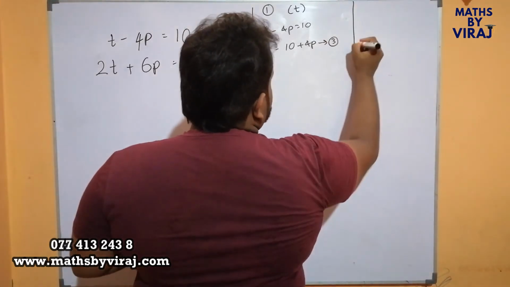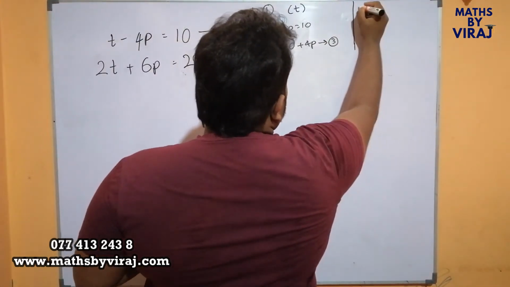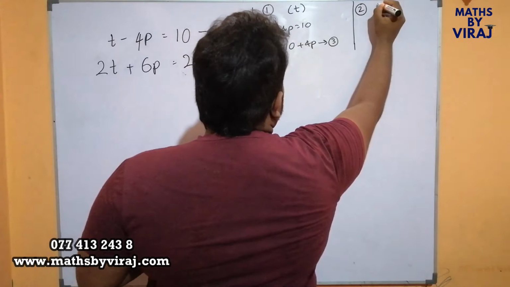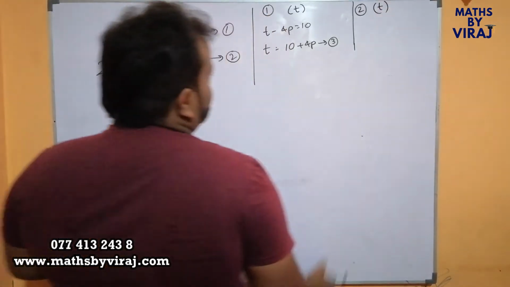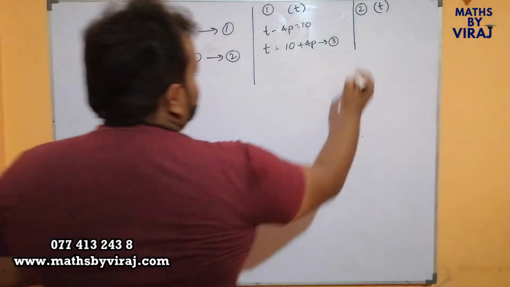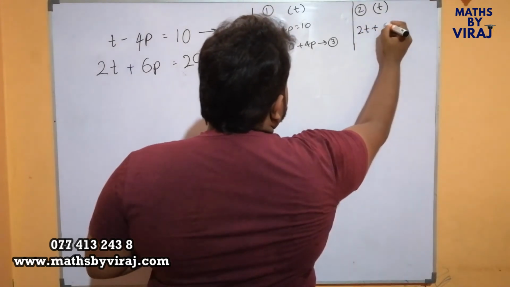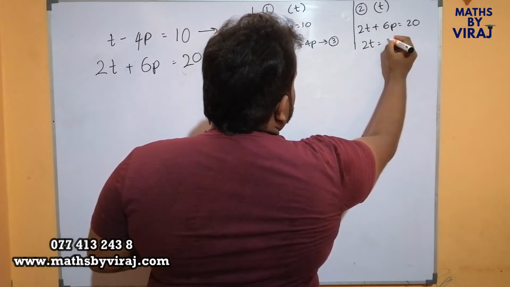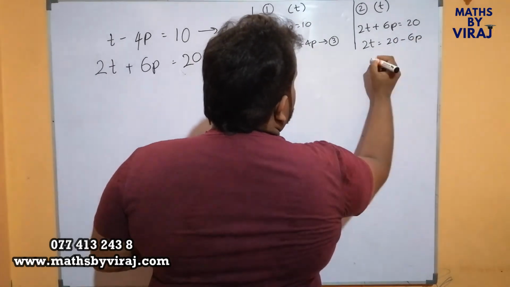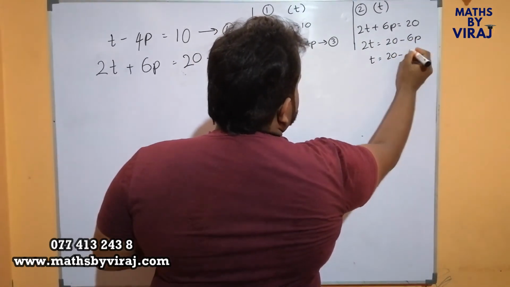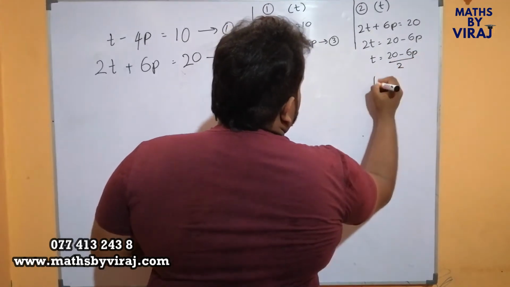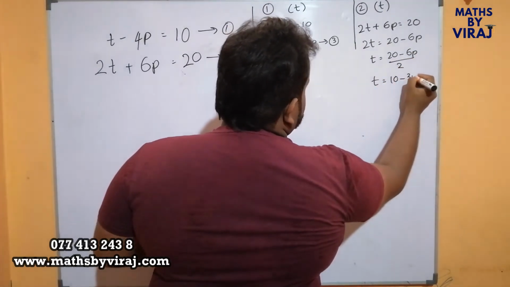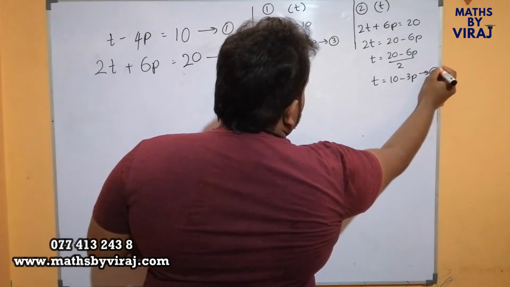Similarly, if I use equation number 2 and also make t the subject, 2t plus 6p is 20, so 2t is 20 minus 6p. t is (20 minus 6p) over 2. t equals 10 minus 3p. Let this be my equation number 4.